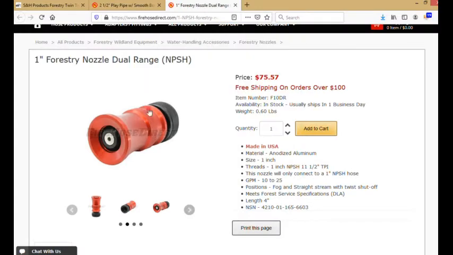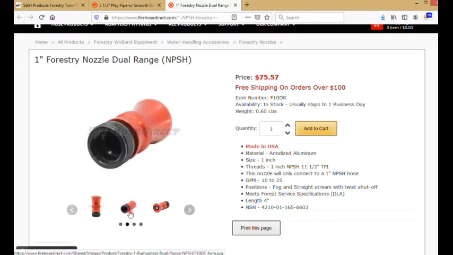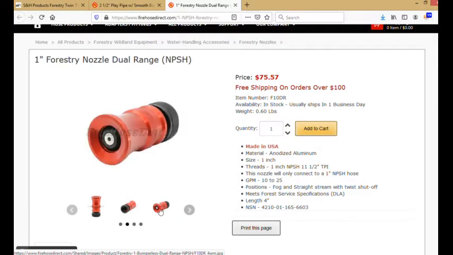And then when you get into the combination nozzles, which is more like this 1-inch NPSH, the way that we determine what size to use is that on combination nozzles, such as what you see here, would be a combination nozzle because it combines a fog pattern wide angle with a straight stream.